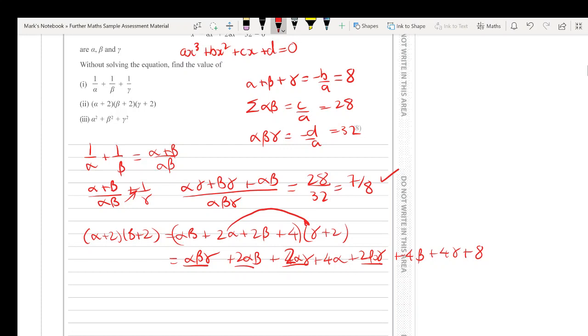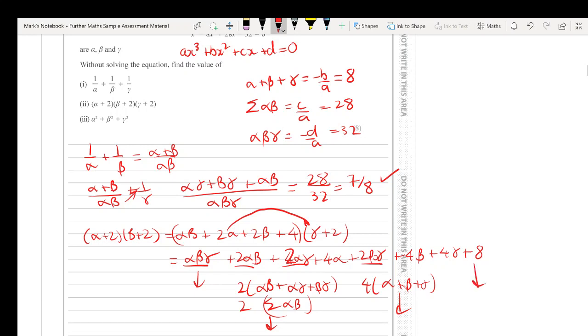So they're all in pairs, so that's the same as alpha beta gamma, 2 lots of the alpha beta plus the alpha gamma plus the beta gamma, which is the same as 2 times the sum of alpha beta, which we already know. And what we're left with is 4 lots of the single terms, alpha plus beta plus gamma, and then we've got the plus 8 as well.